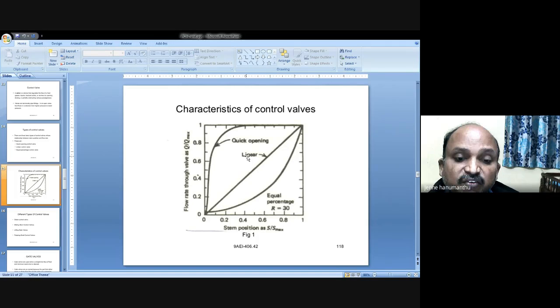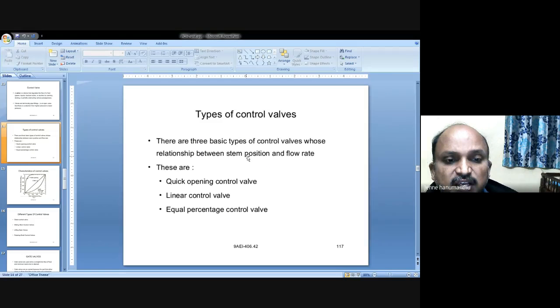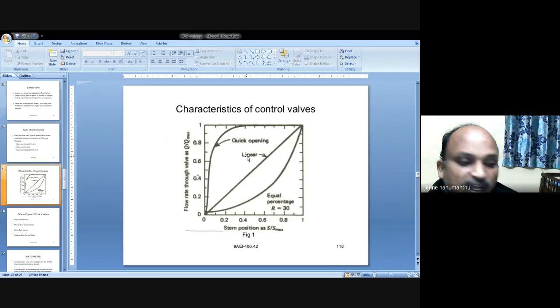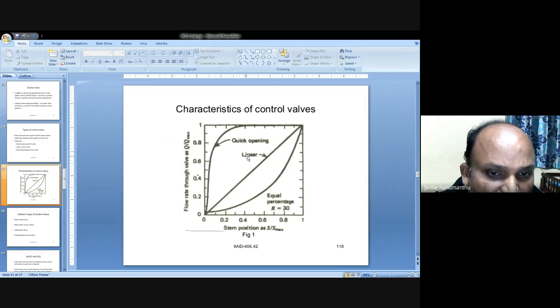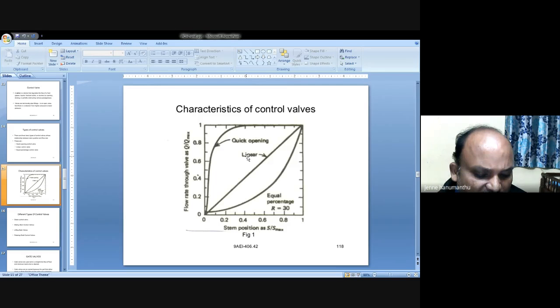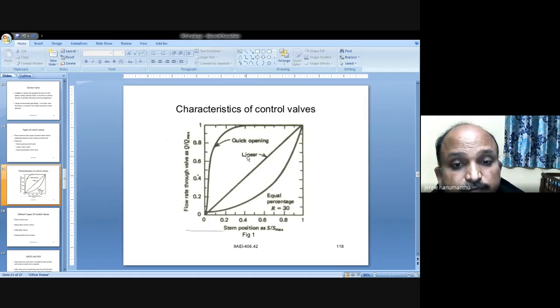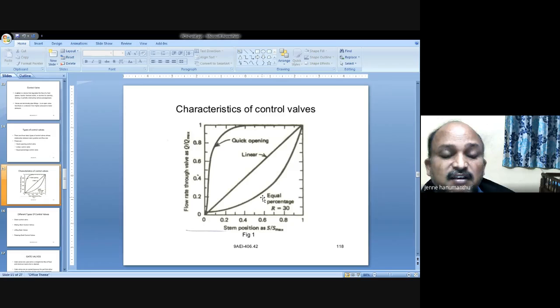But the second one is linear control valve. Linear control valve means the relation between stem position and flow rate is always linear. Linear refers to how much change in position, the same change you can expect in the flow rate.